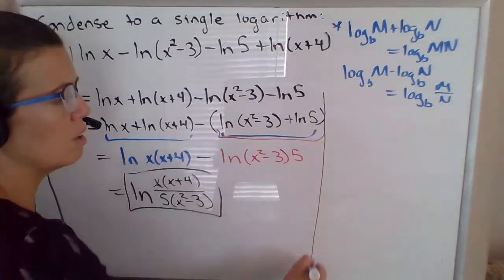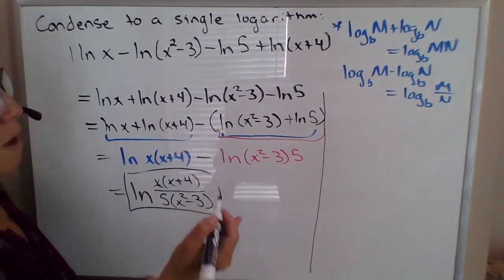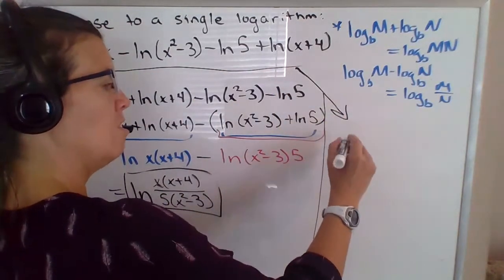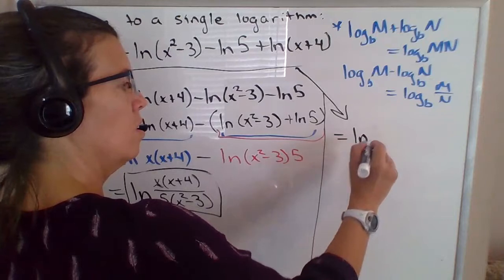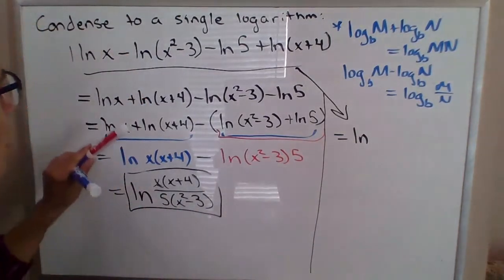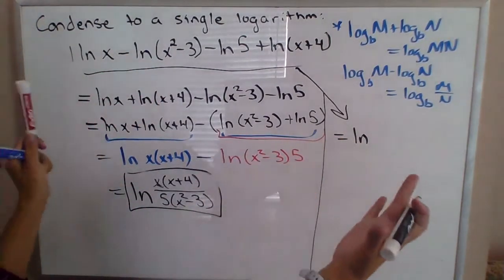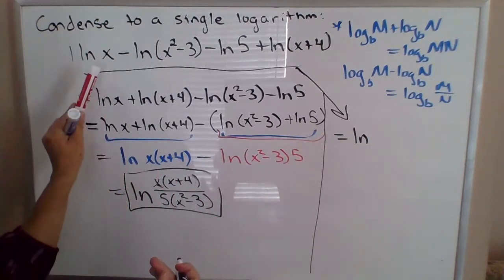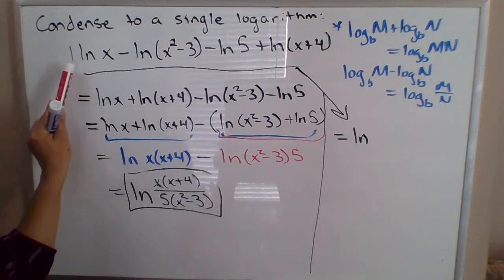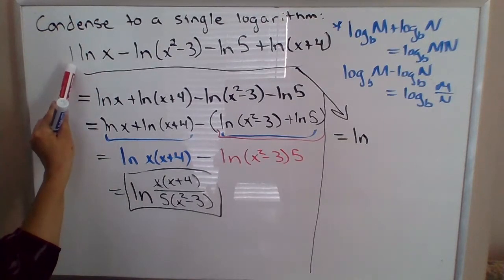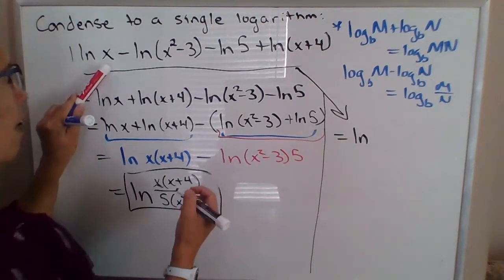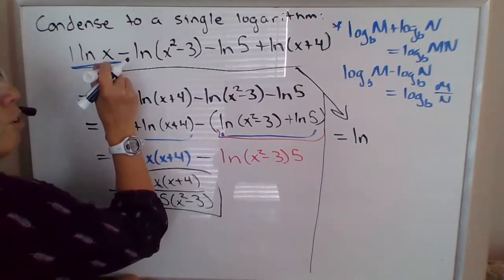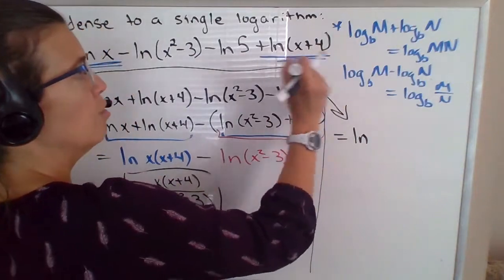Now I promised a shortcut method. It is possible to take this strand of logarithms and go right to your answer. If you note that adding and subtracting, when I combine to a single logarithm, corresponds to multiplying and dividing. Any logarithmic expression with a positive coefficient, that bit is going to go in the numerator. So this has a positive coefficient, this has a positive coefficient.